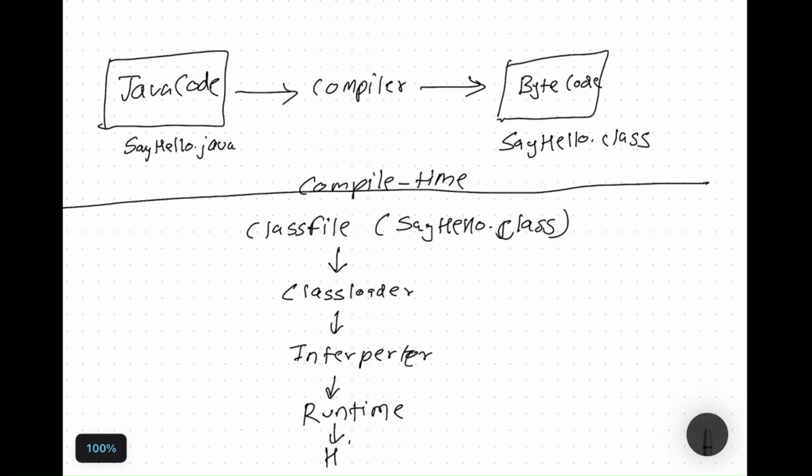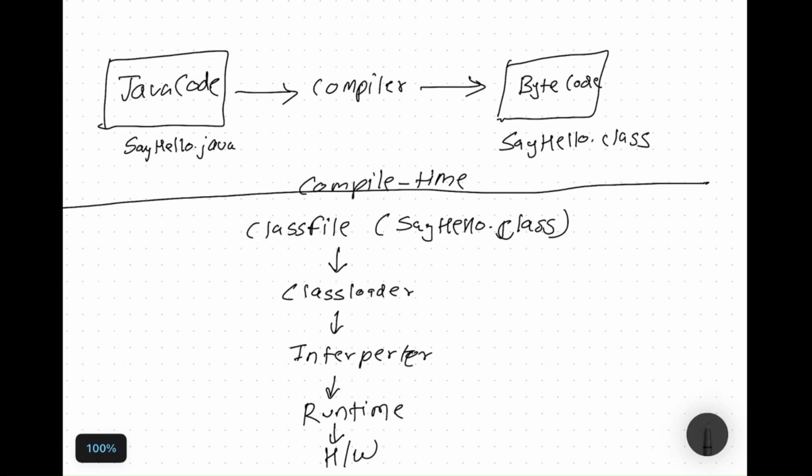After runtime, it communicates with hardware also. In C++, you directly link to hardware, but not in Java. You compile it, you convert it into a .class file. That .class file goes through a class loader, because to load a class, you need a class loader. That is very simple. And in that class loader, the bytecode will be verified. Because you see that sometimes you get a compile time exception, sometimes a runtime error.